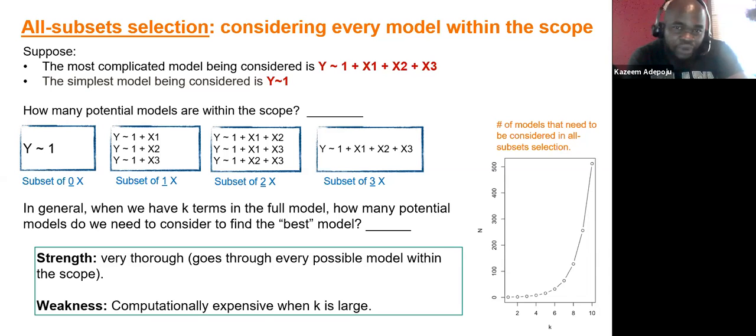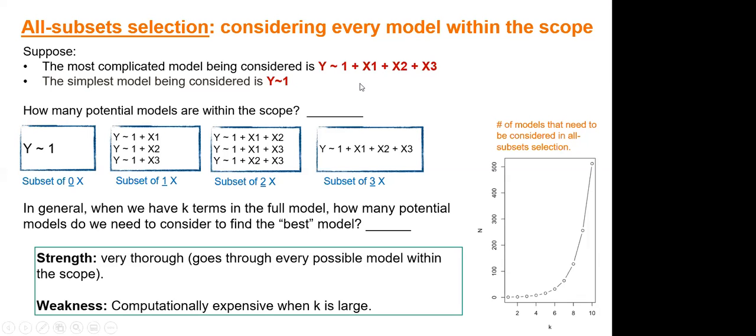P is the number of predictors. That is 3, right? Now you say 3 raised to power 4. Is that what you say? You said p raised to power k? Because when you say p raised to power k, that would be a lot. Yeah, so you count the models 1 plus x1 plus x2 plus x3 as you have k equal 4.